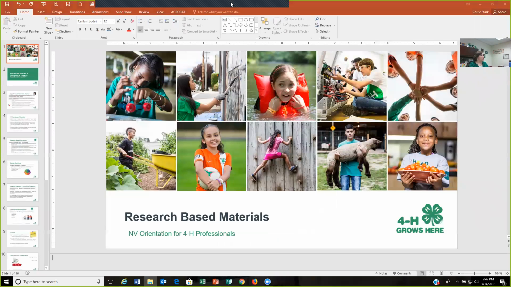Like I said, I'm going to put all of those into the box for everybody to be able to pull up. Do you guys have any questions about how to write a learning objective, or how to identify quality curriculum?